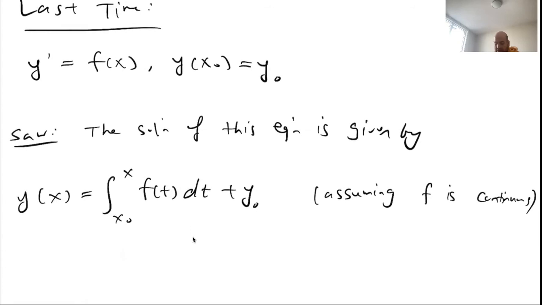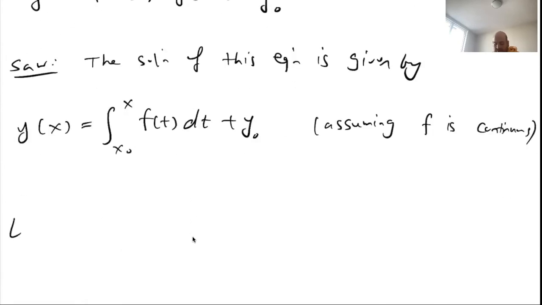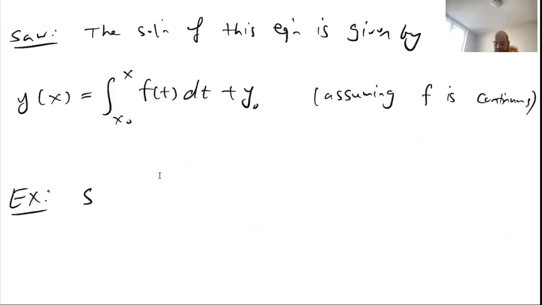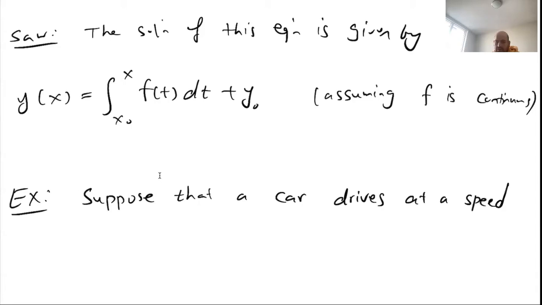Okay, so let's look at one more example. Suppose that a car drives at a speed e to the power t over 2 meters per second, where t is time in seconds.